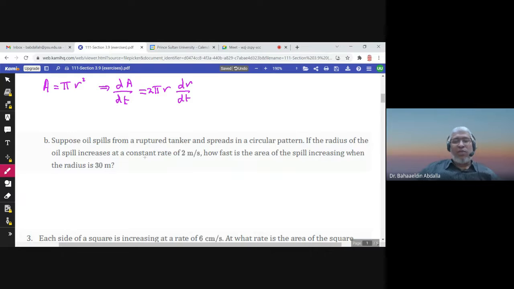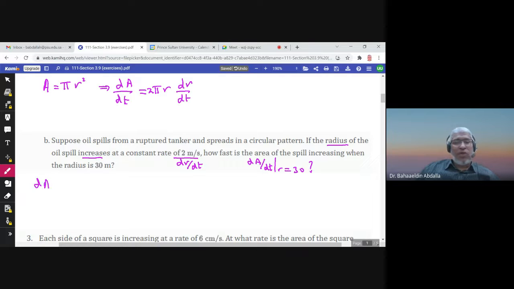Suppose oil spills from a ruptured tanker and spreads in a circular pattern. If the radius of the oil spill increases at a constant rate, so this is dr by dt, it's equal to 2. How fast is the area, so this is dA by dt, increasing when the radius is 30 meters?